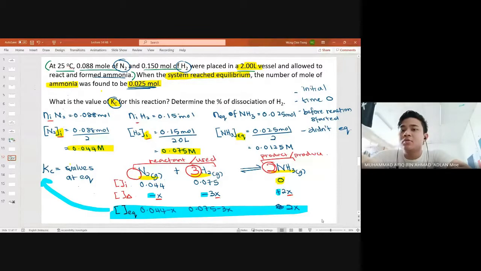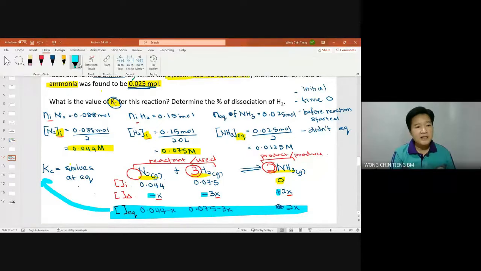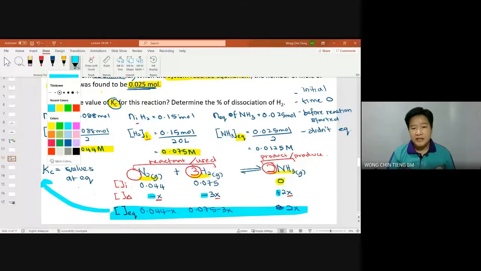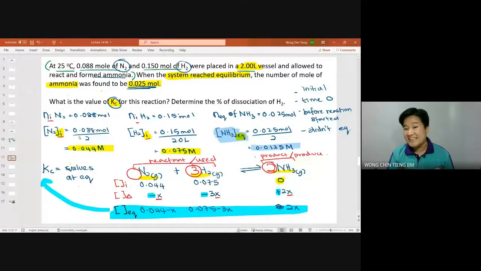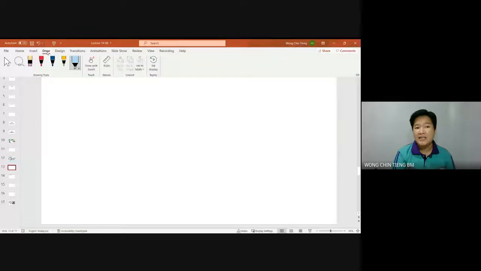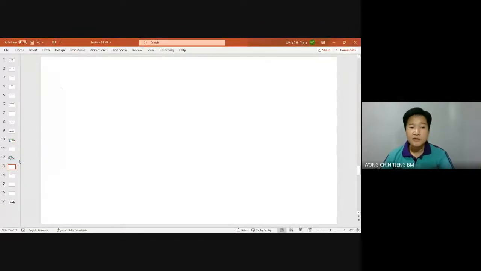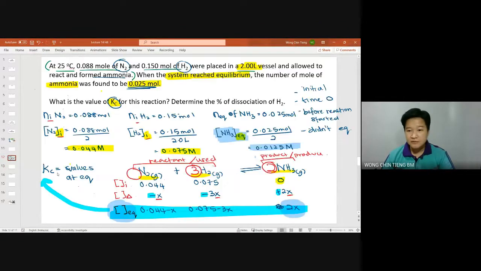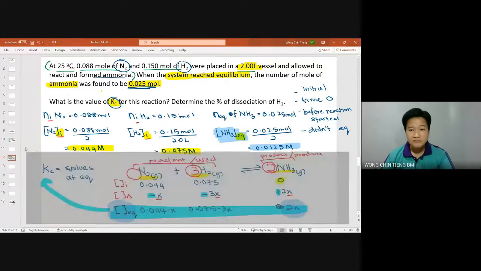Ambil nilai equilibrium NH3. If you read your question carefully, NH3 concentration is given. NH3 concentration is 2x. Nampak? Okay. Therefore, from that, you will then be able to get the x value. Can I just calculate the x value, please, by the way?